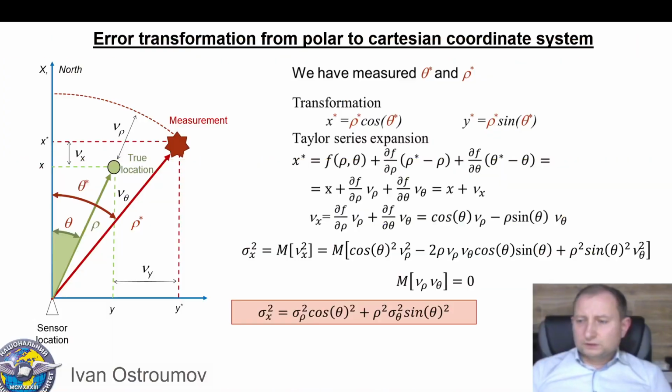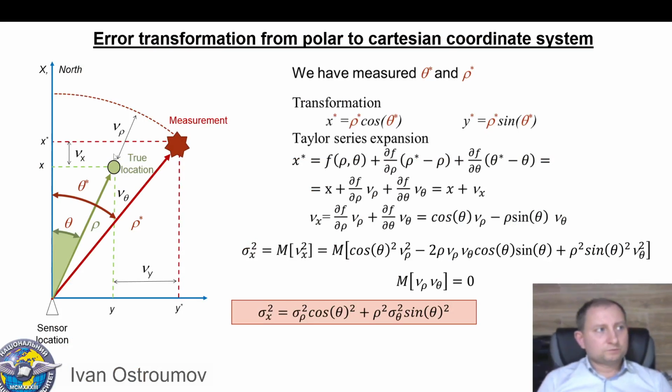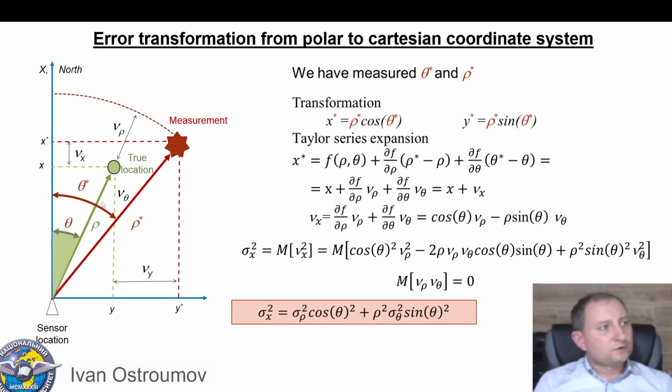First of all, let me introduce a little bit of theory. If we have true location of our object and we've got some sensor that can measure location of this object, if it will be ideal sensor without any errors, we will get rho and theta angle.